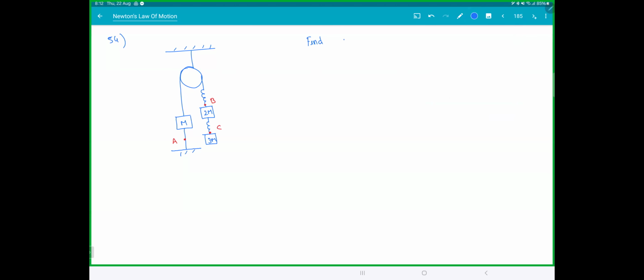This will take care of everything. Find the acceleration of the blocks when you're cutting at A, B, and C. Three different problems. The process is still the same.